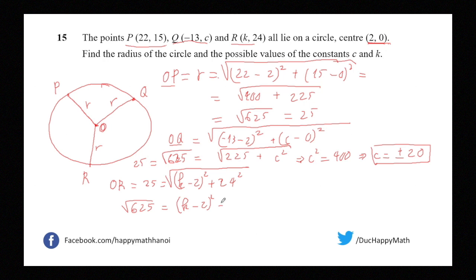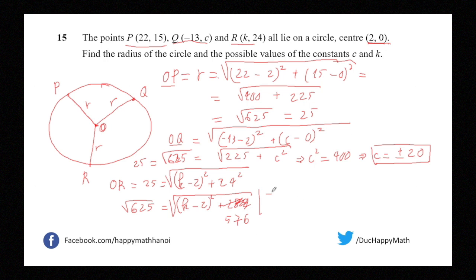(K minus 2) squared and 280. Is this right? Okay, let me check again the 24 squared. Okay, I'm sorry. This one is 576.